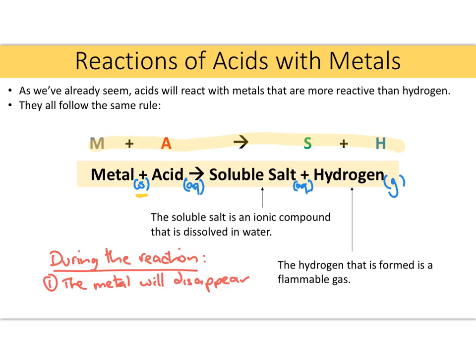Then, looking at the state symbols, on the right-hand side we have a gas, and there are no gases on the left-hand side. So the other thing that we'll see during the reaction is bubbles or fizzing or effervescence, and that's because of the hydrogen gas that's produced.